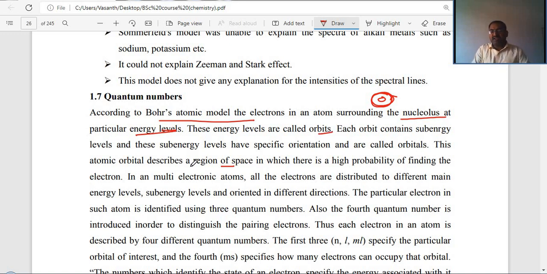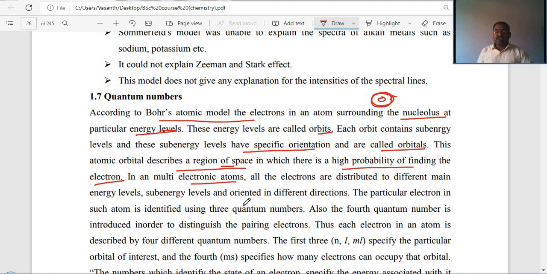Each orbit contains sub-energy levels, and these sub-energy levels have specific orientations and are called orbitals. This atomic orbital describes the region of space in which there is a high probability of finding the electron.